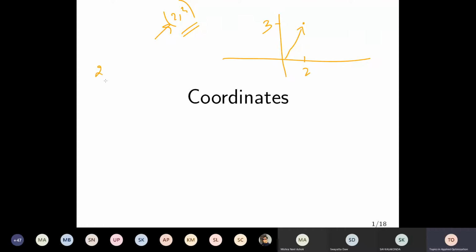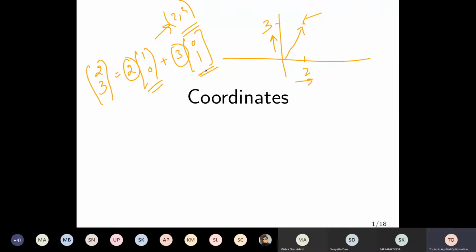For instance, I can write (2, 3) as 2 times (1, 0) plus 3 times (0, 1). What I'm saying is that I go 2 in the (1, 0) direction and 3 in the (0, 1) direction, and then I reach that point. Here 2 and 3 are called the coordinates. So the usual way you see a vector is with coordinates in the canonical basis.